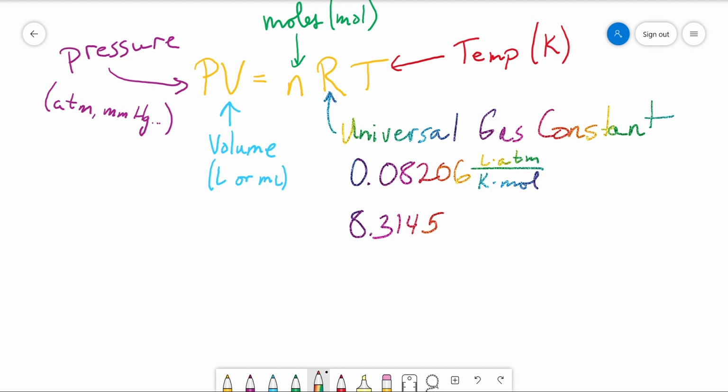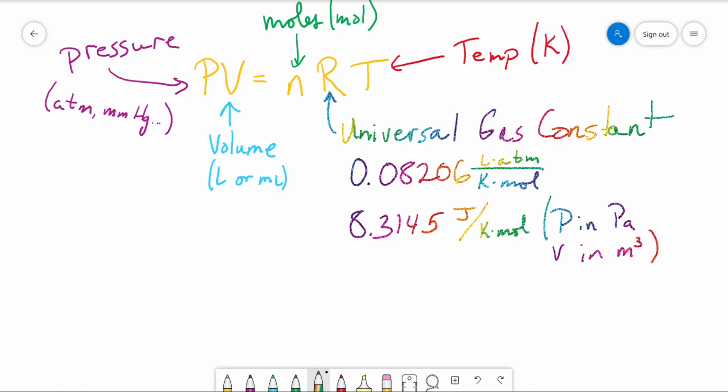In past semesters we've also used 8.3145 joules per Kelvin times moles. And for this, pressure has to be in pascals and volume has to be in meters cubed. Okay, so just bear that in mind.